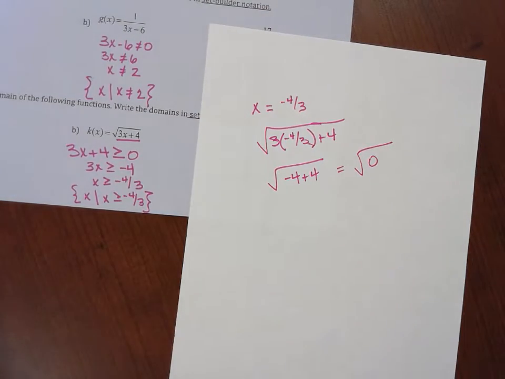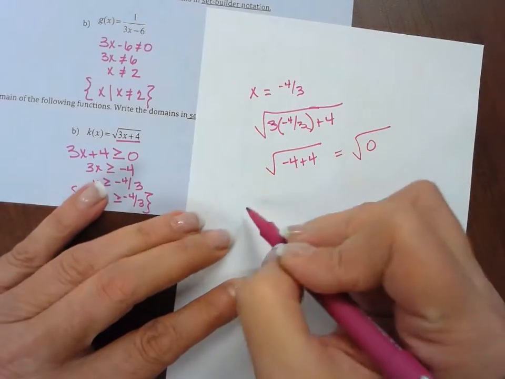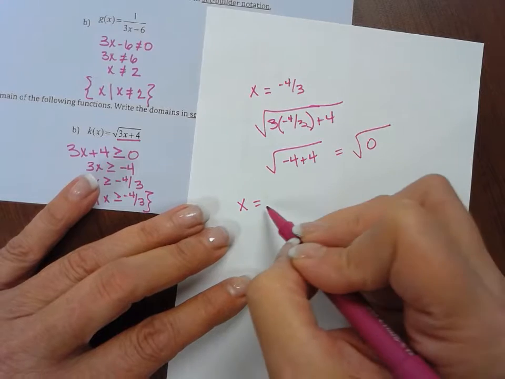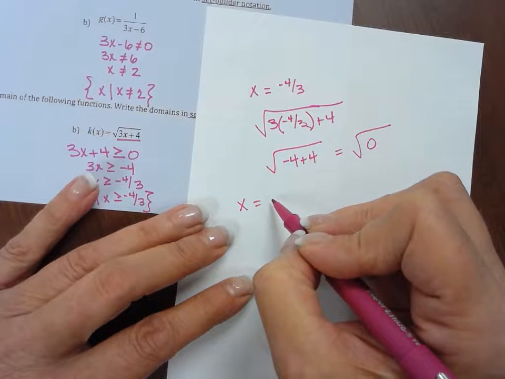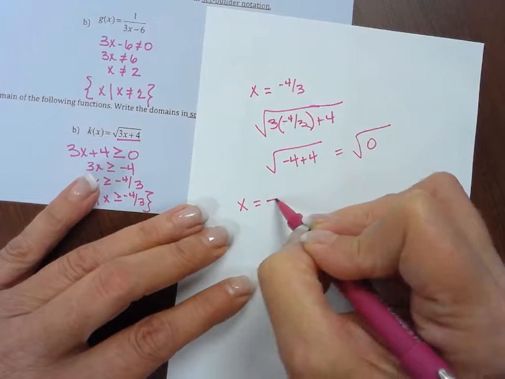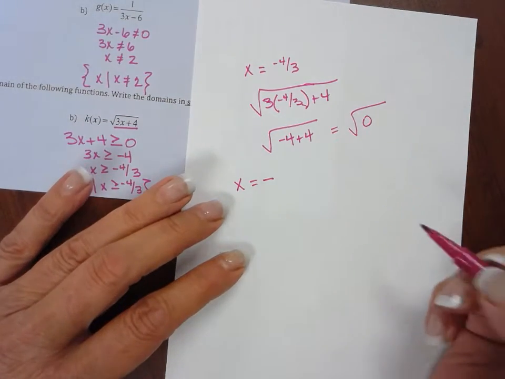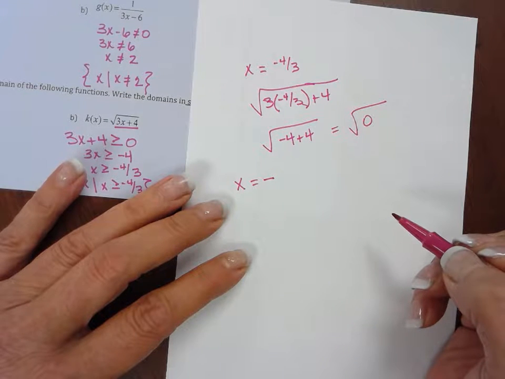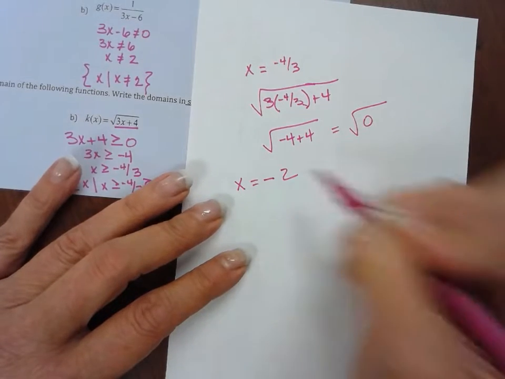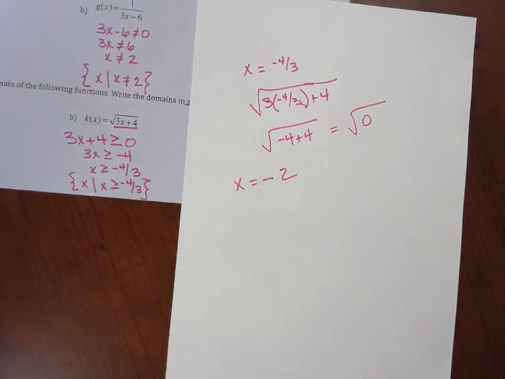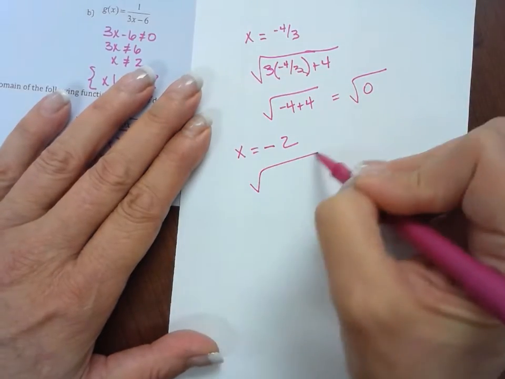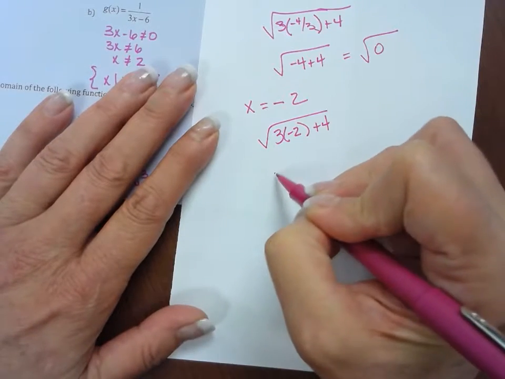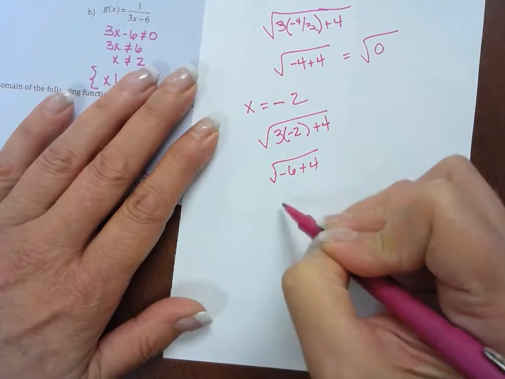But let's say we put in x equals -2. That's fine, because when we put it in, 3 times -2 plus 4 is going to give me -6 plus 4.